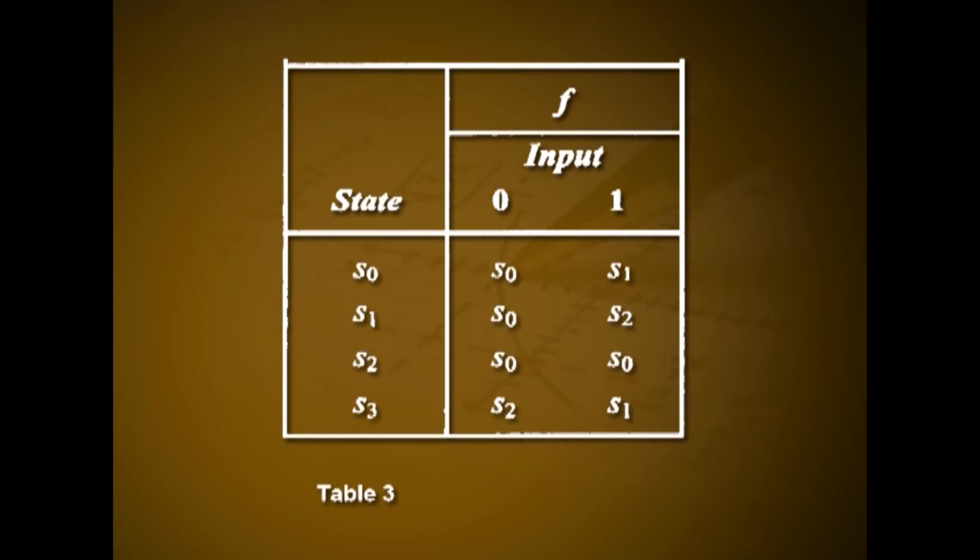You can see in table 3, for the different states S0, S1, S2 and S3, the corresponding function values, the input values corresponding to 0 and 1 are the states S0 and S1 for S0, etc.